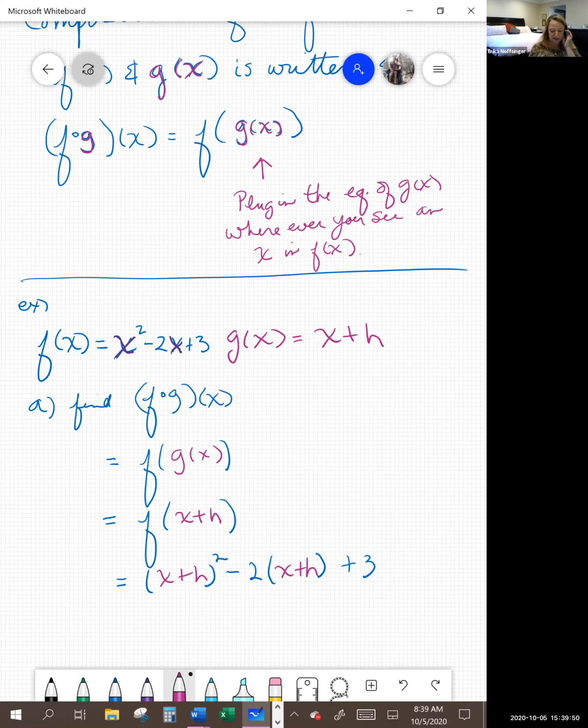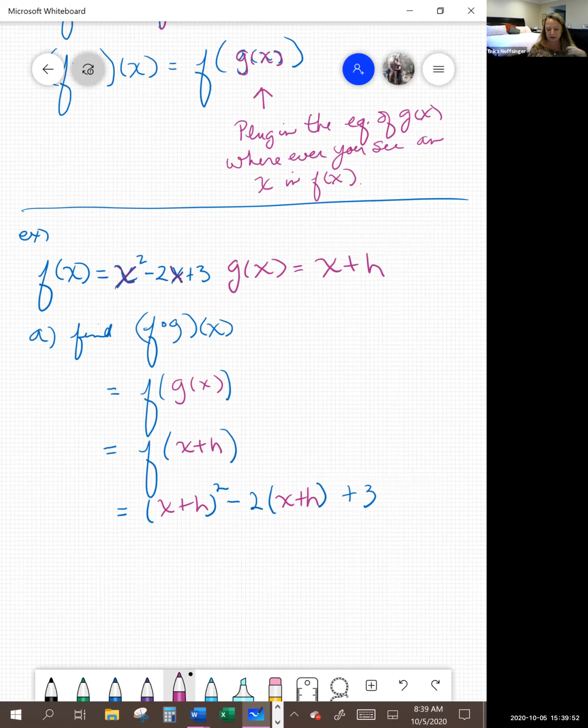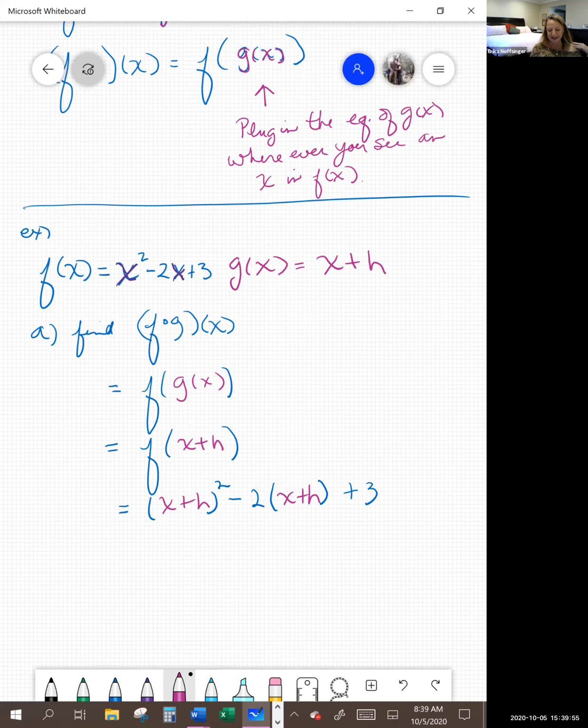And I'm not going to expand this because I want to get to the point where we're noticing what is the inner function, what is the outer function. So notice here the outer function is this f of x.